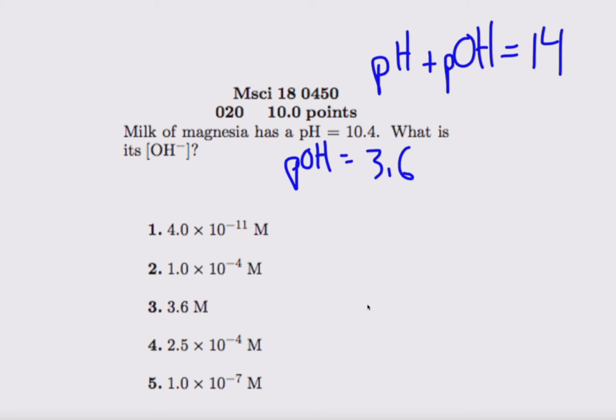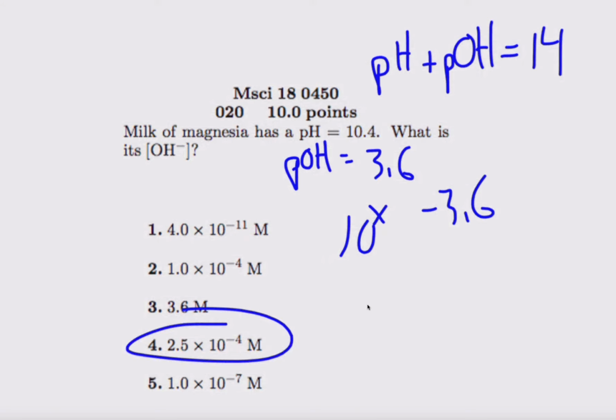Those would add up to 14. Now I can take the antilog, that 10^x, of negative 3.6 to get the hydroxide concentration. And that would give me a value of 2.5 times 10 to the negative fourth.